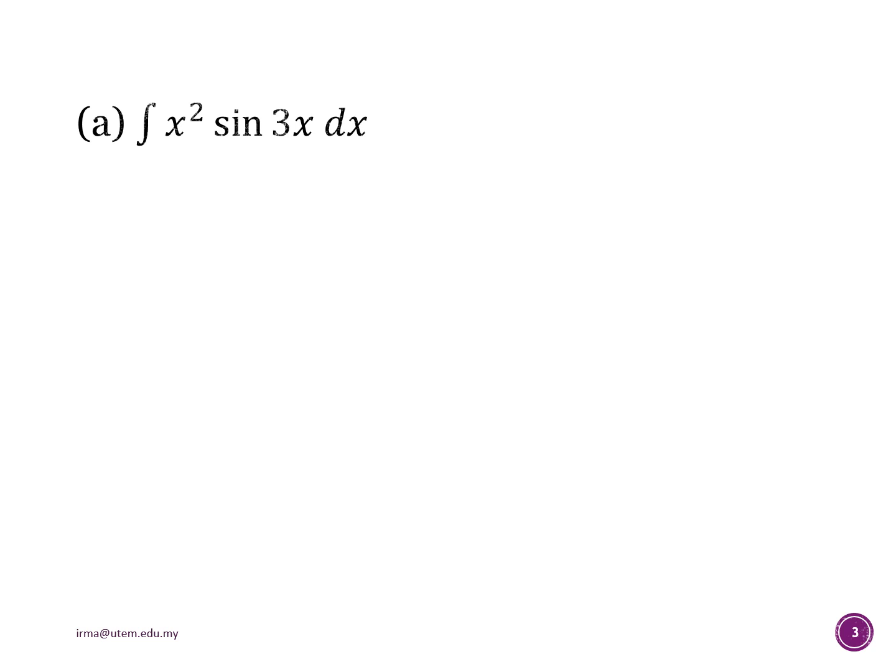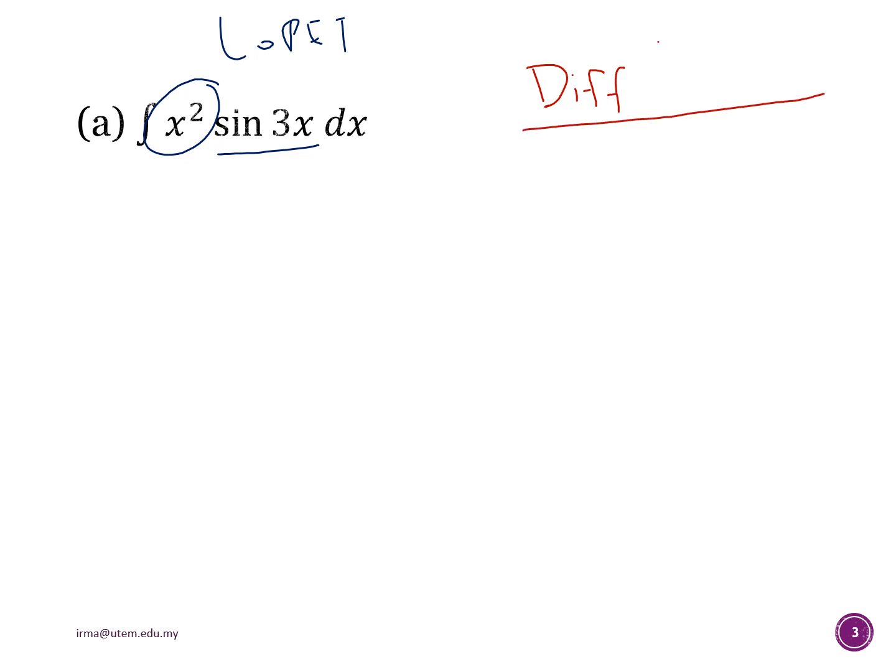Since we have two different types of function, polynomial and trigonometric, if you use LIATE, polynomial will come first. For the tabular method, we need to create two columns at first, so we have functions to differentiate and functions to integrate.